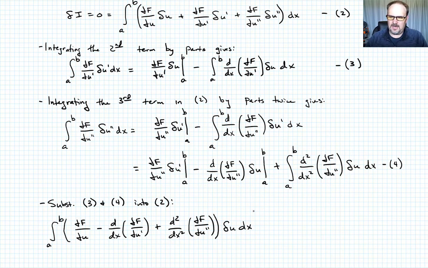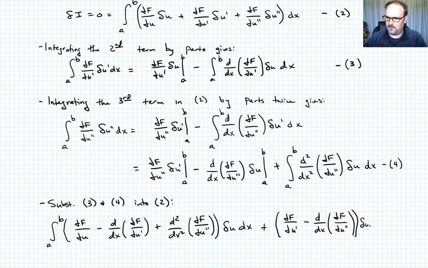It's tempting now with our boundary terms to combine them, but you'll note that we have a delta u prime in one term and a delta u in the other, and then this term in equation 3 is a delta u. So we can only group the ones that have the delta u term together. So that becomes plus this quantity, partial of f with respect to u prime minus d by dx of partial of f with respect to u double prime, that quantity times delta u evaluated from a to b.